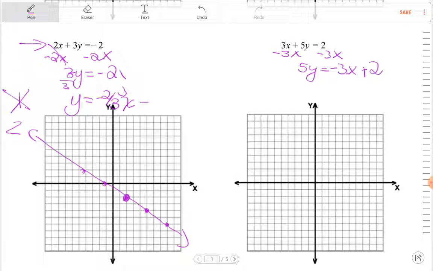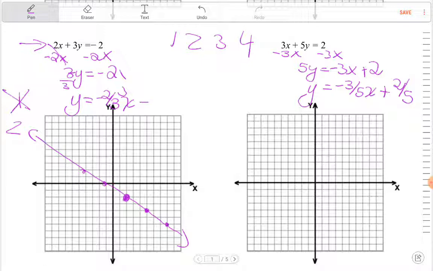And now I'm going to divide everything by 5, which then gives me -3/5 x plus 2/5. This time my denominator is 5, so I need to check all numbers smaller than 5, 1, 2, 3, 4, to check which of those numbers will give me a whole number for x and y.